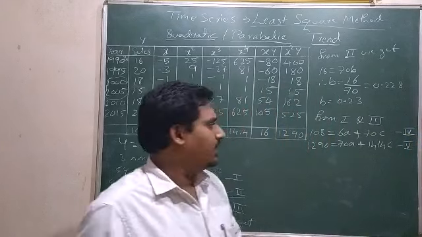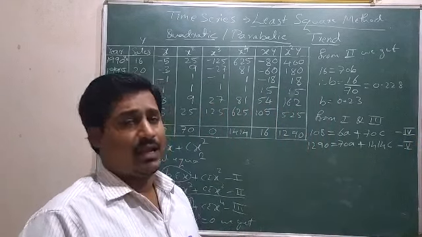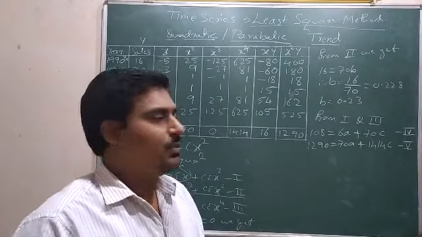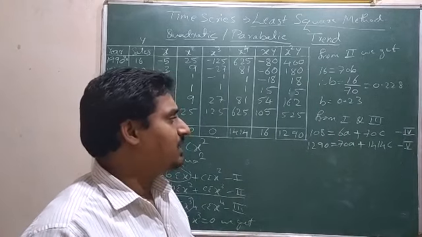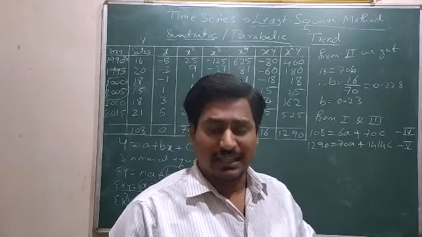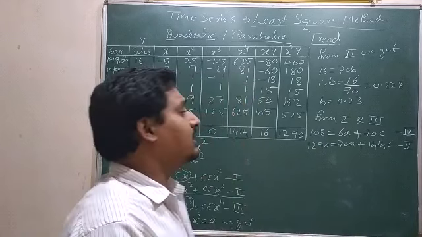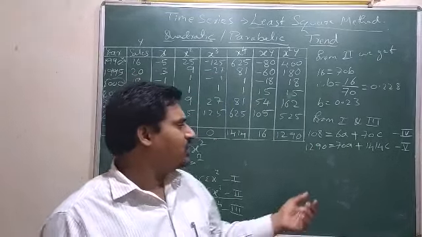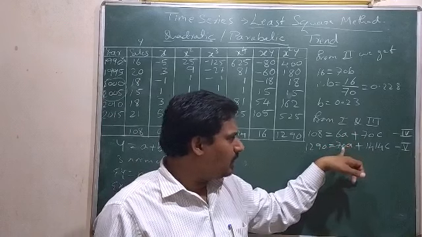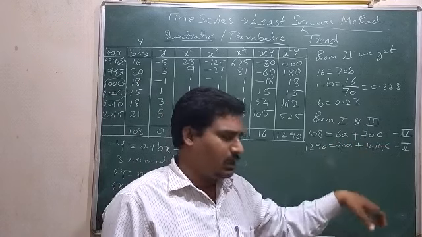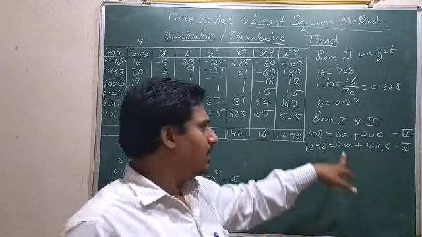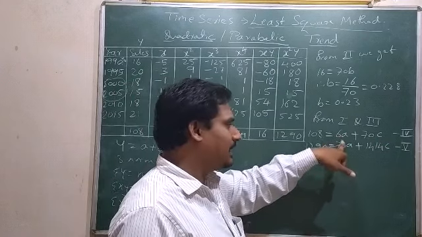So now here we need to cancel either a or c. So we have to take the equations in such a way that any one of them we should cancel here. So how to cancel them? Here we have to check whether the value of a or the value of c has a common value in the tables of these numbers.